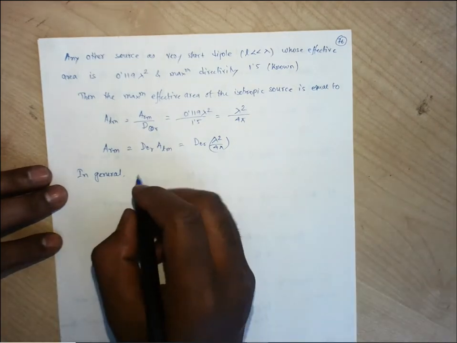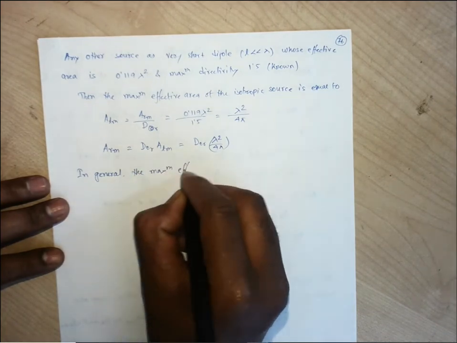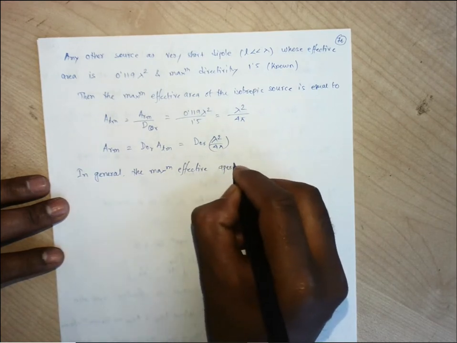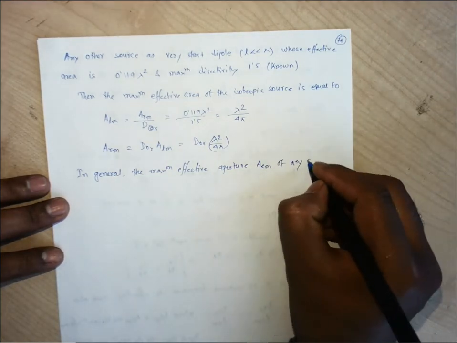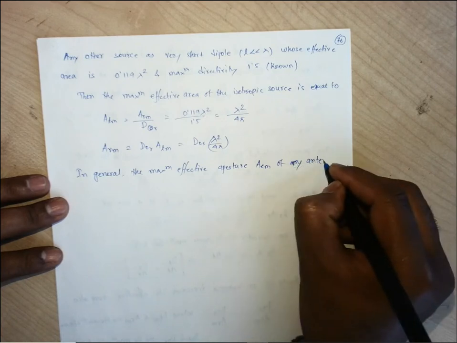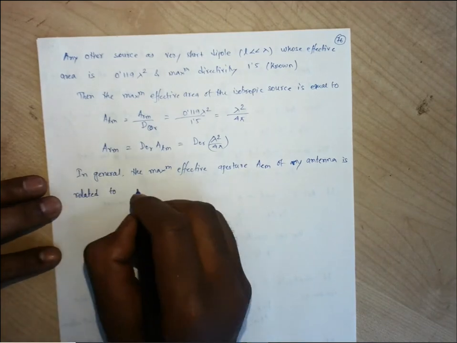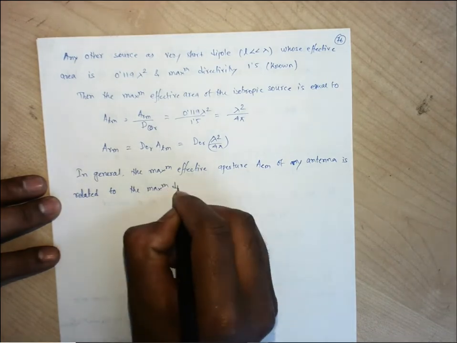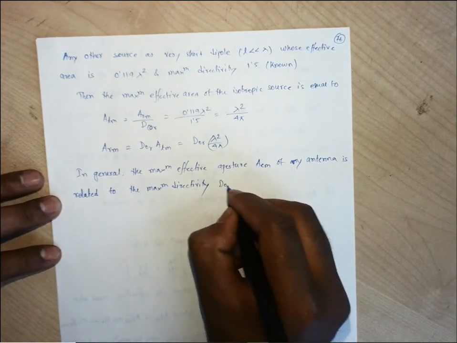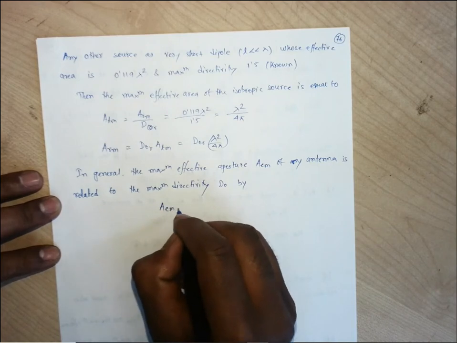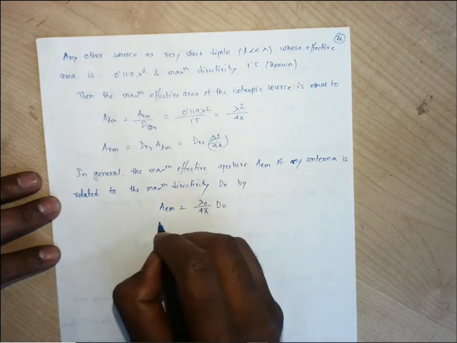So in general we can say the maximum effective aperture A_EM of any antenna is related to the maximum directivity D naught by A_EM equals lambda squared by 4 pi times D naught.